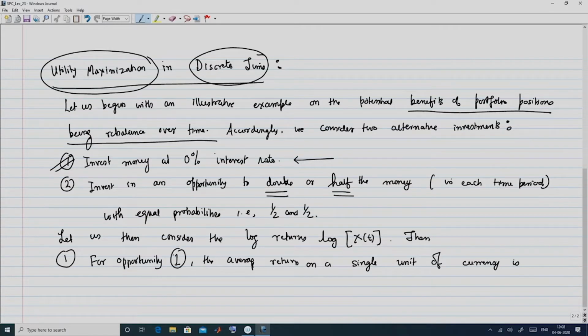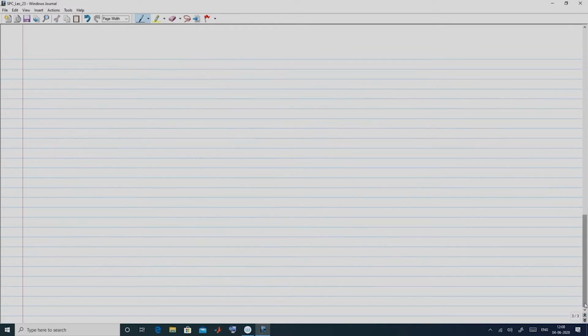You invest an amount of 1, since the interest rate is 0%. So, you end up with an amount of 1. In that case the final wealth level is 1 and the log of that is going to be, and this expected value is simply going to be 0, because log of 1 is equal to 0.